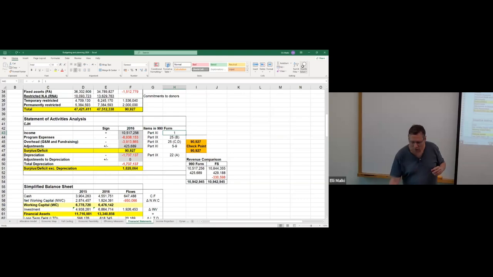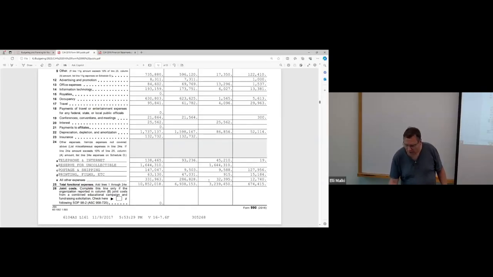All right. Then we take the second, which note it's the sum of the 2 expenses in line 25, column C and D. So let's go and see it. So here we have line 25 columns C and D, 3,239,000 and 674.